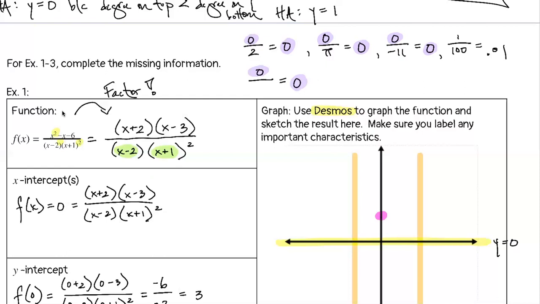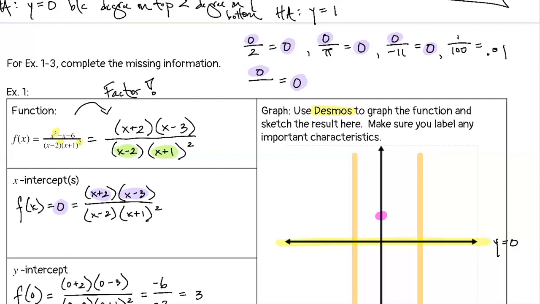So what that means is when we're trying to find our x-intercepts for rational functions, even though this is a long, complicated equation, because it's a fraction, we only need to say, when does the top equal 0? Because that is the only way we're going to get 0 out. It doesn't even matter what happens on the bottom.